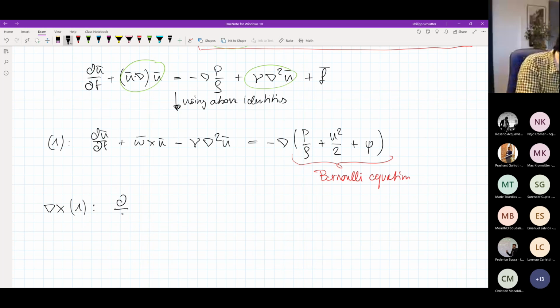So we get d dt of omega. Then if I do that for the second term, where essentially I have the curl of omega cross u, if I calculate that, I will get, I'm not showing it here, but you can again do that at home.